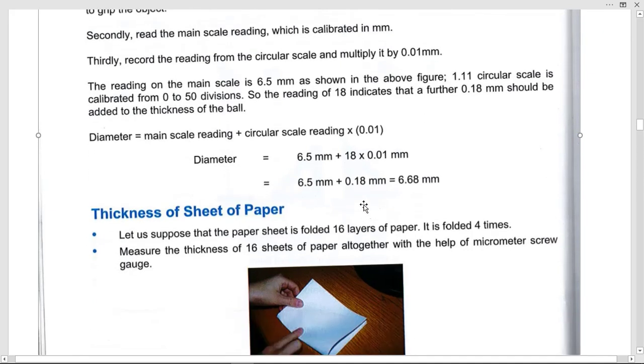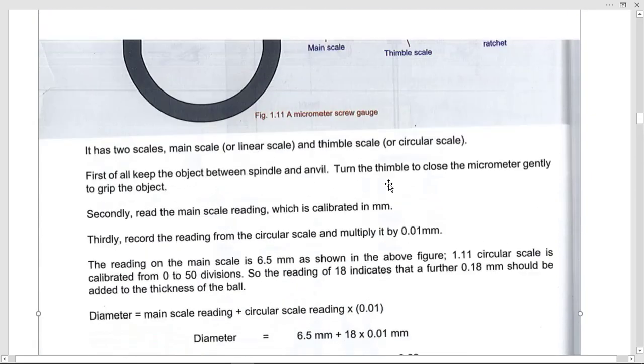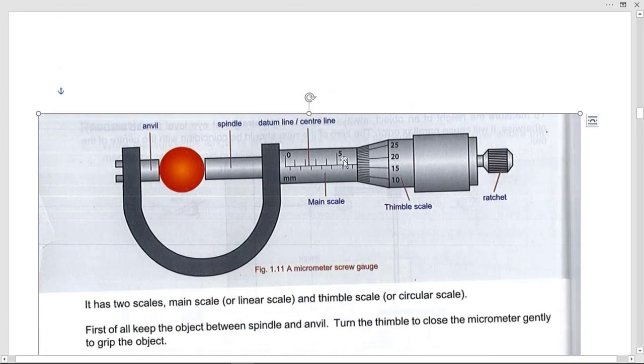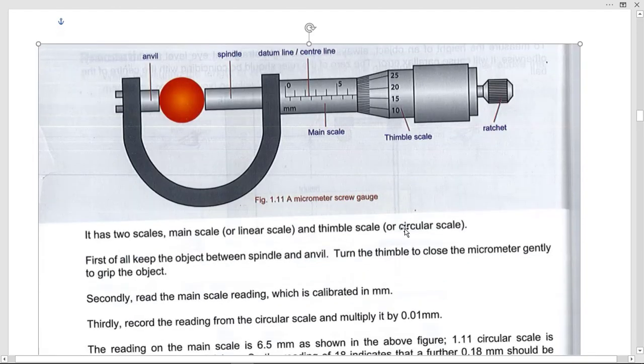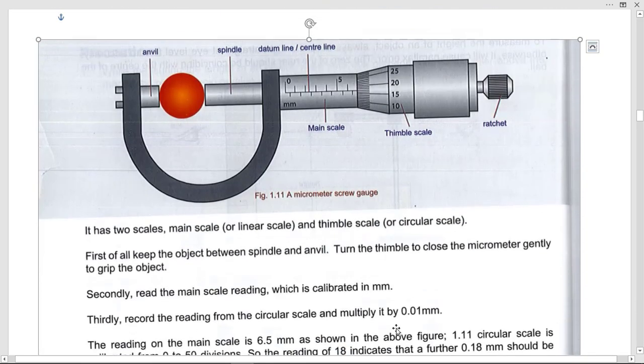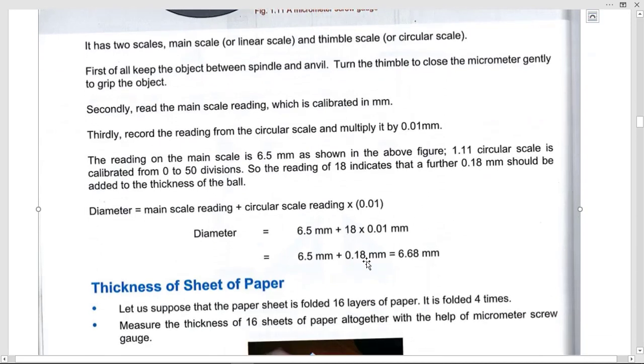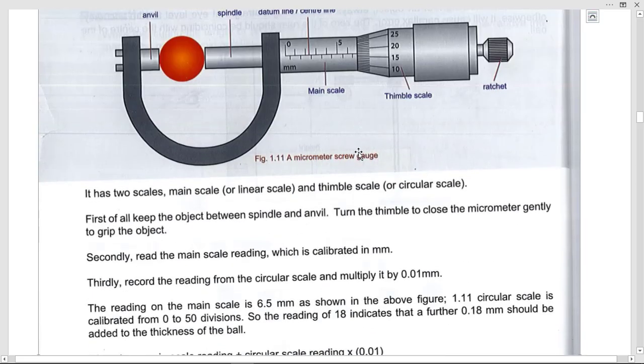Okay, now when you take this one, it is equal to 0.18 millimeter. Now what was the reading we were sure on this scale? That was 6.5. And what is the reading we are getting from this scale? That is 0.18. Combine both of them, you will get the answer, that is 6.68 millimeter. This is the method how to read a reading from a micrometer screw gauge.